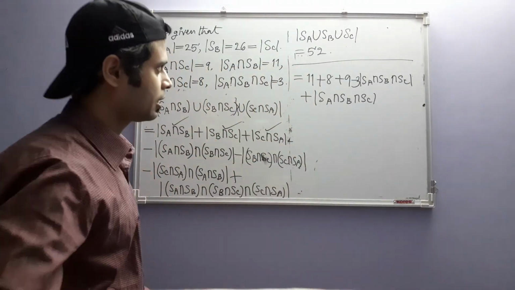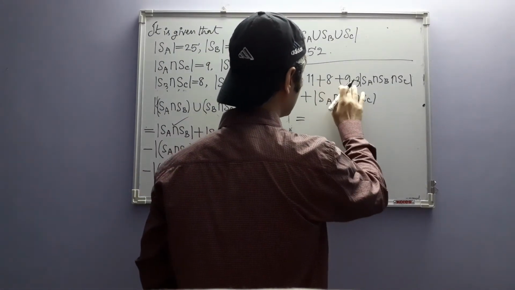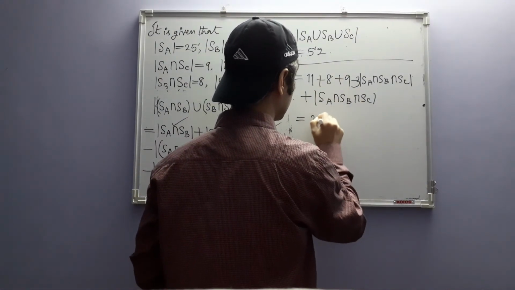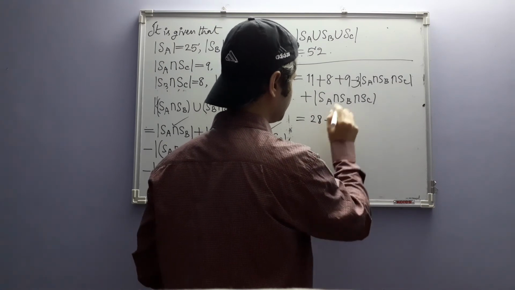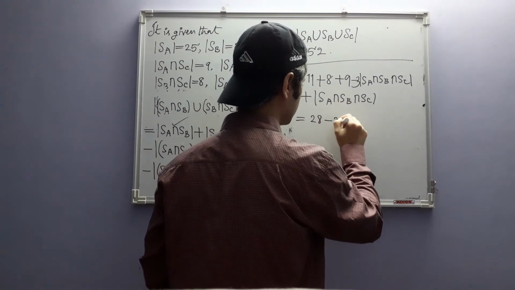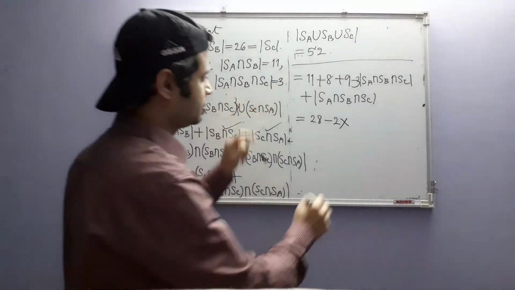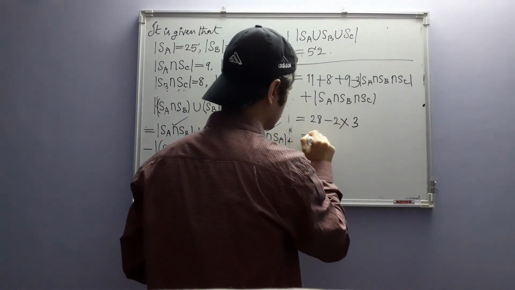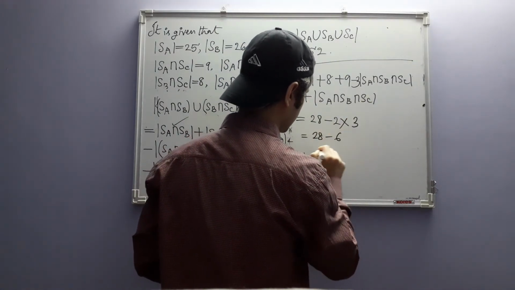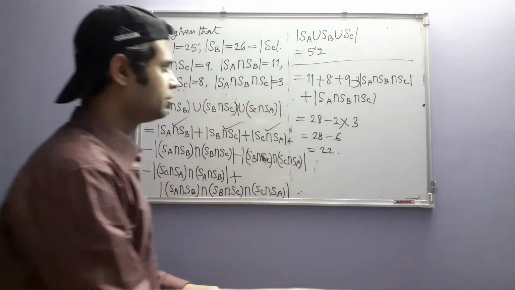So from here, what am I getting? 28 minus 3 times something plus that thing is equal to minus 2 times. Now this is available to us, 3. So this is 28 minus 6, so 22.